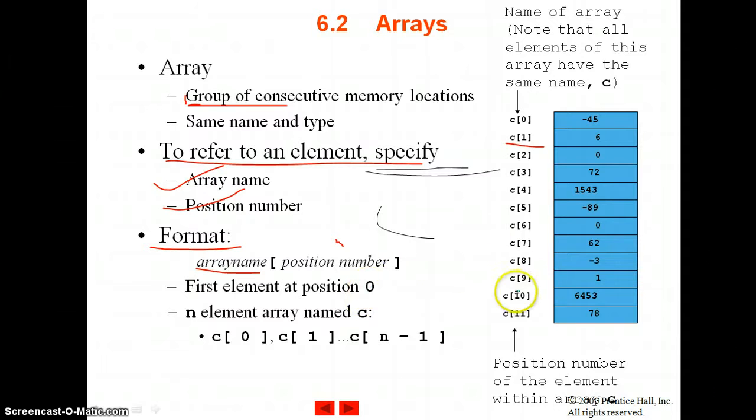For example, we declare array of size 12, then its indexing starts from 0, 1, 2, 3, and so on, and its last index number is 11. So it is the position number of the last data element stored in the array.